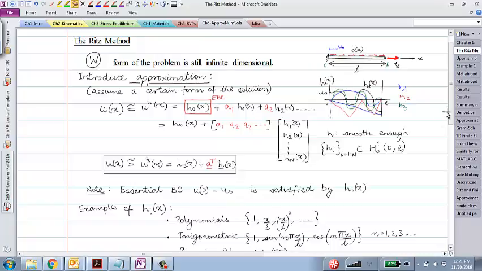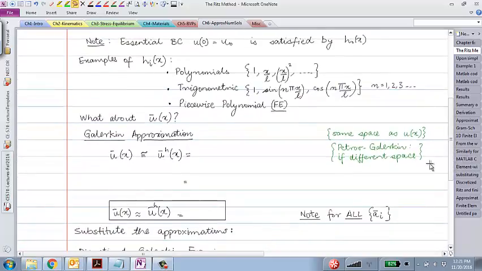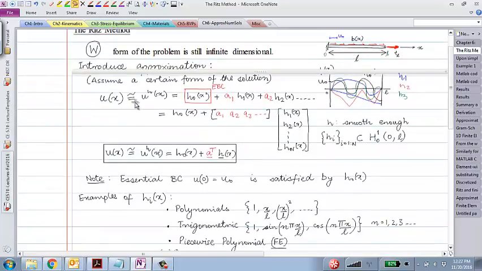In a very similar way, I have to also approximate the virtual displacement. For that, one of the most common things that people use is called the Galerkin approximation, where we use the same space of functions as the real displacement. Let me ask you this: can I write the exact same expression?